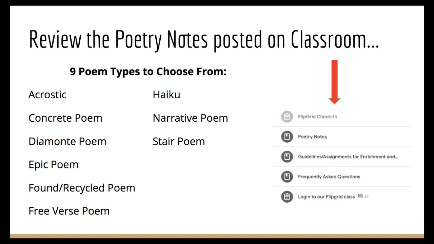The 9 poem types are acrostic, concrete poem, diamante poem, epic poem, found or recycled poem, free verse poem, haiku, narrative poem, and stair poem. You are choosing 3 different types from that list, and you can find the explanations, definitions, and how to write them in the poetry notes.